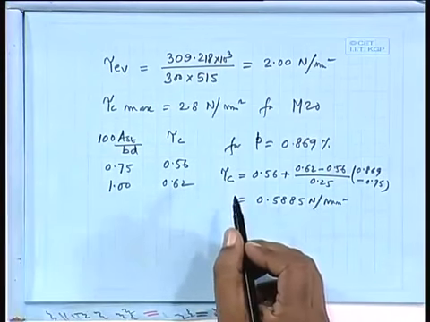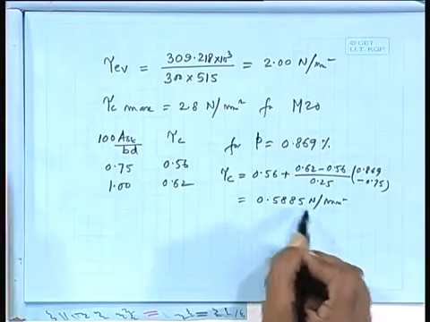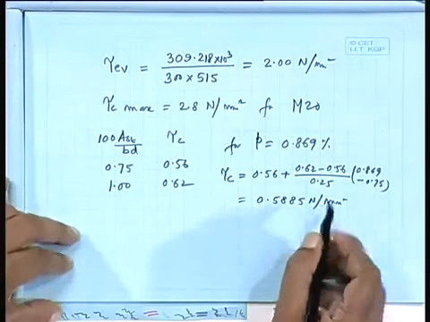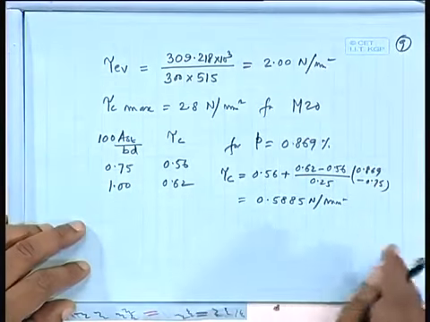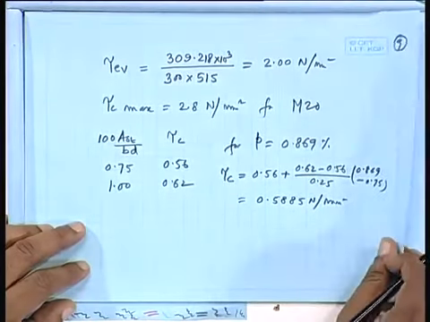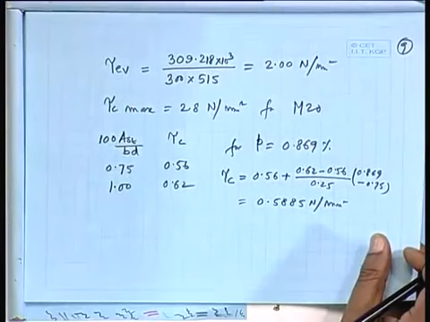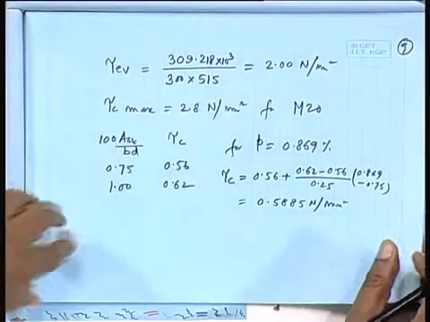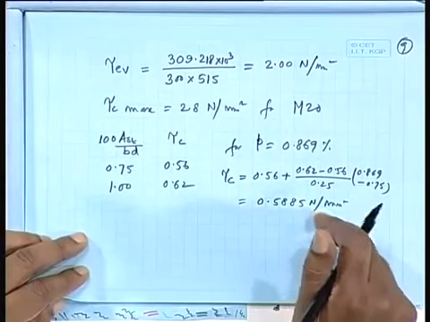So tau C, that is permitted, is 0.5885 Newton per square millimeter. And what about tau EV due to that equivalent one? Yes, we have already computed: that is 2 Newton per square millimeter and 0.5885 Newton per square millimeter.